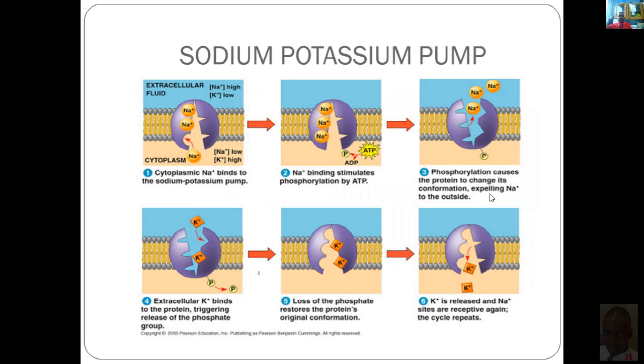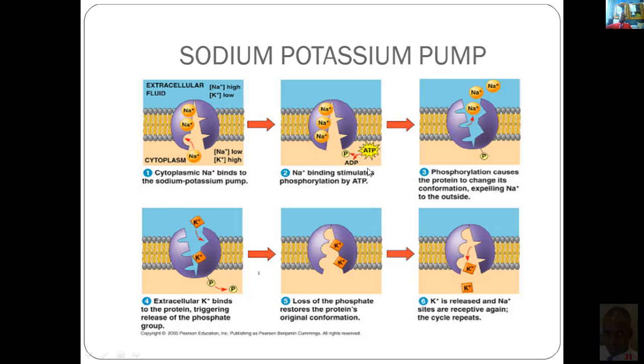Good. So an example of a port that does active transport is the sodium potassium pump.